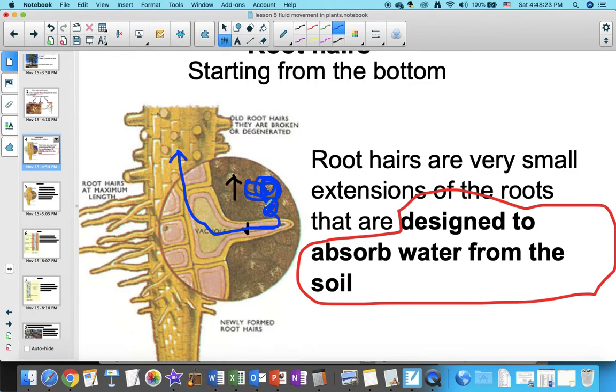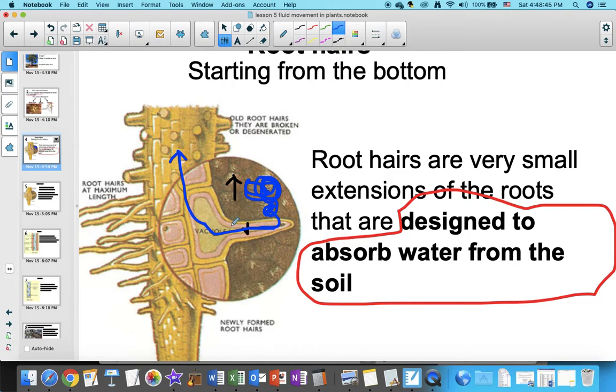So in the soil, you have this high concentration of water, and in the plant cell, or in the root hair, you have a low concentration of water relative to the outside. So you would say that the cell is hypotonic of water to the outside. And so the water will move from high concentration on the outside, right, to low concentration inside.